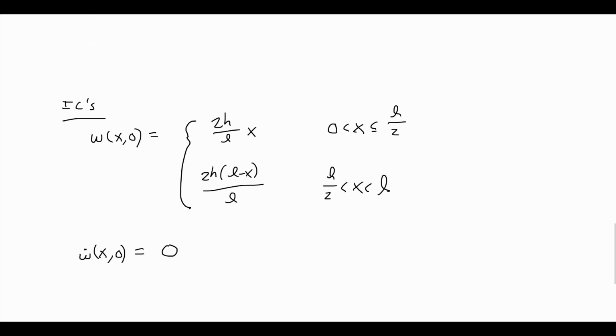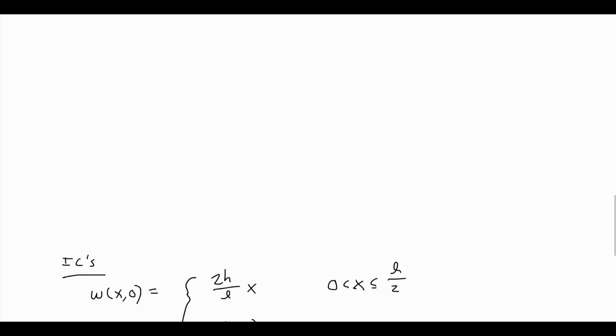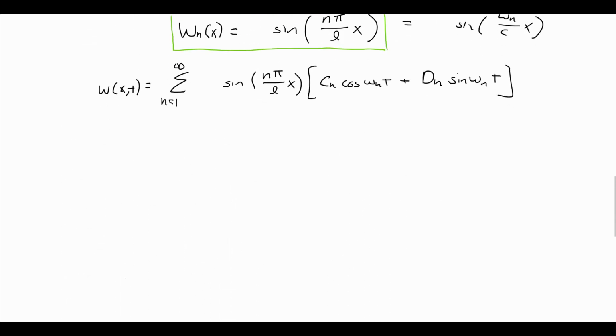So using these initial conditions, let's go back up to our parameters, because now we are ready to find the Cn and the Dn terms. The Cn was defined as 2 over L, the integral from 0 to L of my eigenfunction times my initial position, dx.